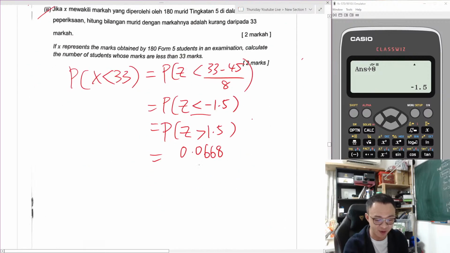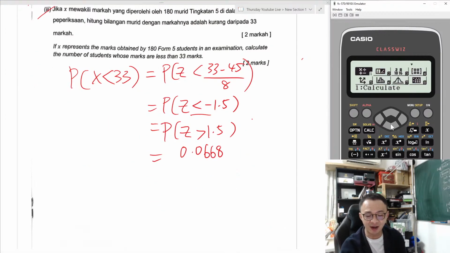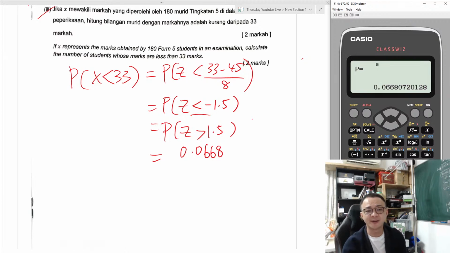Am I correct? 0.0668. Yeah. Or you can use a calculator. It's called normal CD, and this one lowest, let's say I put 1.5, upper 10 to the power of 99. Then you still get exactly the same answer here.